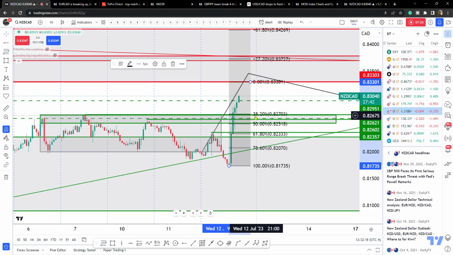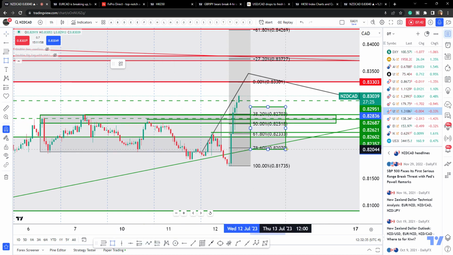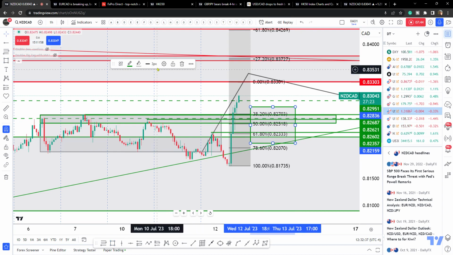And we want to see a 38.2 correction, so that lines up with our first level of support. A 50% mean reversion thereafter, and then a 61.8. So those Fibonacci levels are all lining up with our anticipated support levels. So let's see how that pans out.